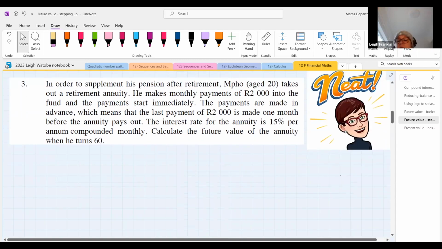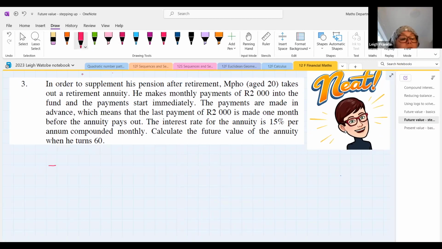Let's draw a timeline to help us understand what's going on here. As always, we're going to start at T0, T1, T2. He's making monthly payments, and he does it until he turns 60. So for how many years is he depositing this money?